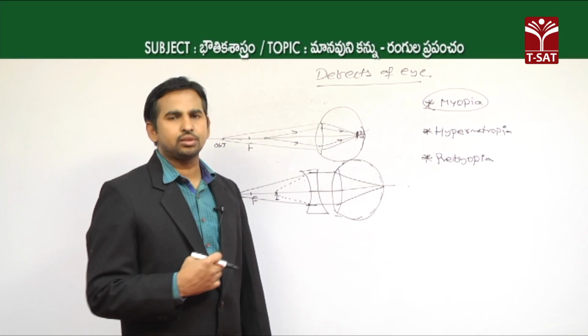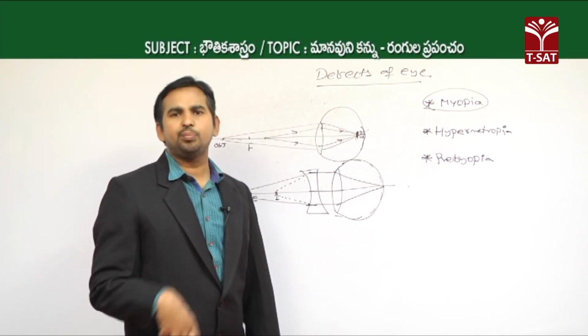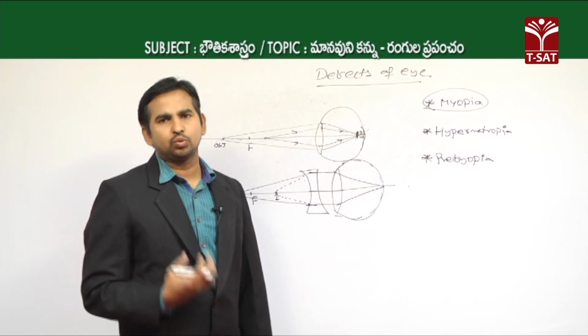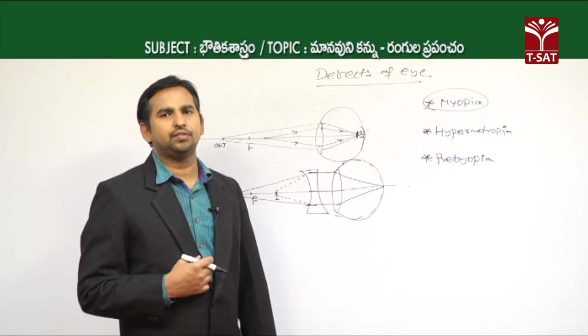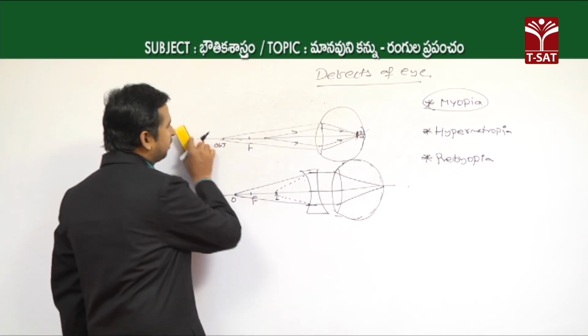Okay. So, they can ask questions on this concave lens. Then which type of concave lens we have to use, what is the recommended focal length for the defective eye?